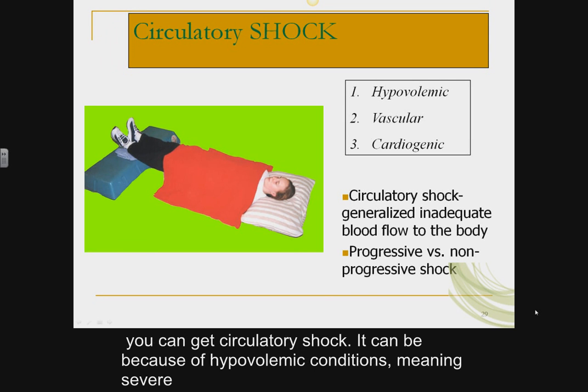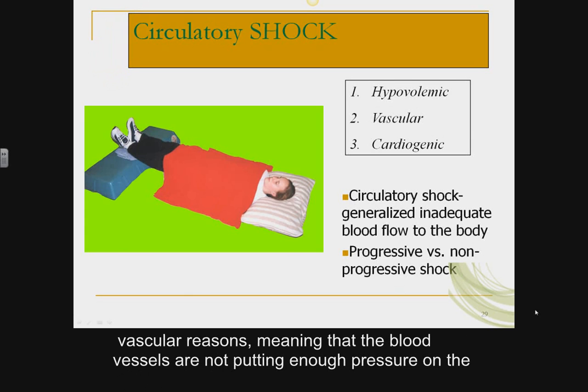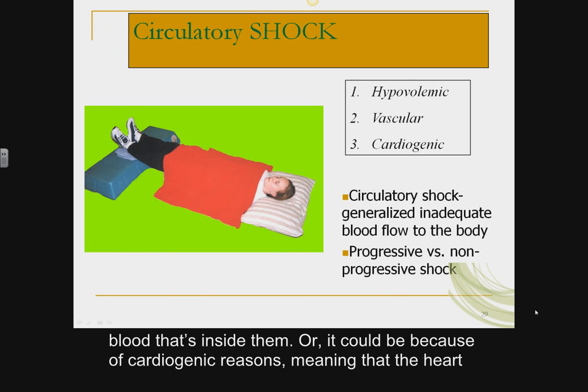There are three basic ways you can get circulatory shock. It can be because of hypovolemic conditions, meaning severe dehydration resulting from excessive sweating, diarrhea, or hemorrhage. It can be because of vascular reasons, meaning the blood vessels are not putting enough pressure on the blood inside them.